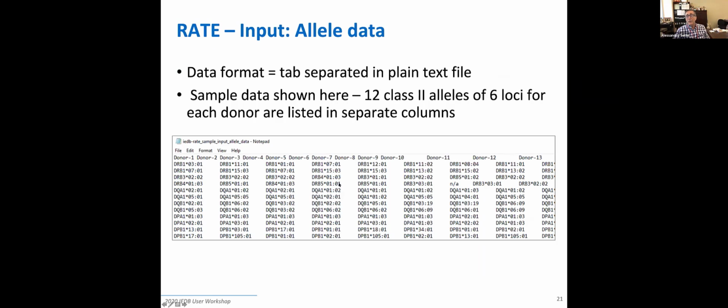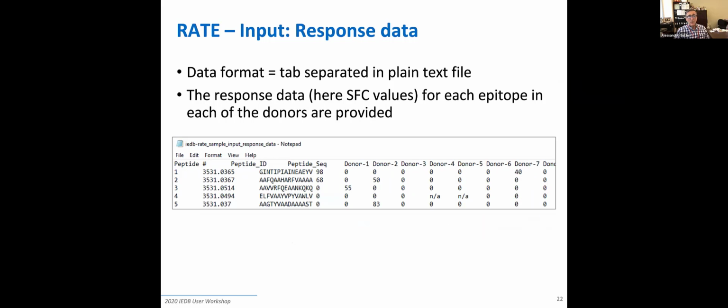So the allele data, this is your responding population. This is donor 1, 2, 3, 4, 5, 6, 7, whatever, with the HLA type of each donor. And then you will have the response rate. In this particular case, you provided ELISpot spot forming cell values, but it could be categorical 1 and 0 or whatever other value, doesn't really matter.